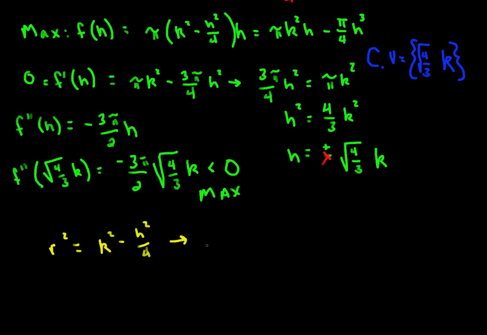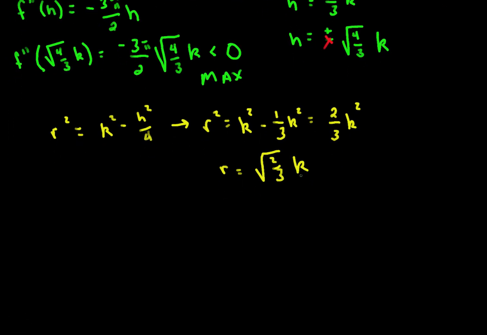Putting our h value in for h here, r squared is going to be k squared minus 1/3 k squared, which is equal to 2/3 k squared. And so r has to be the square root of 2/3 times k.